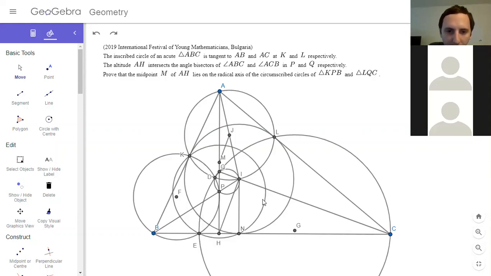So how would we show that? Let's see. I kind of like using Casey's theorem. I just don't have an exact idea of how to do it.